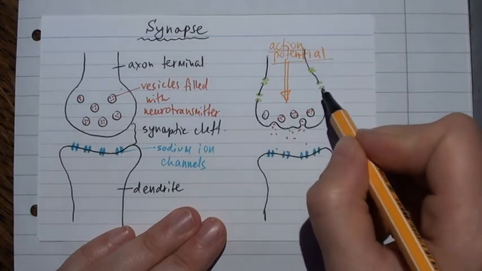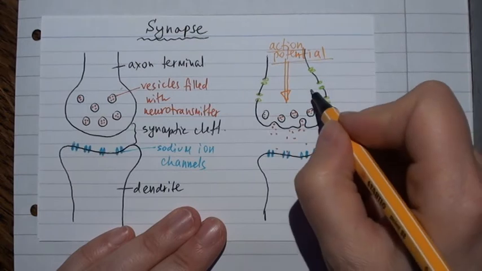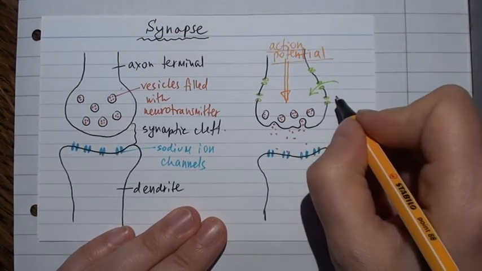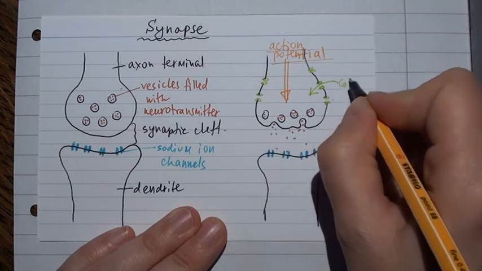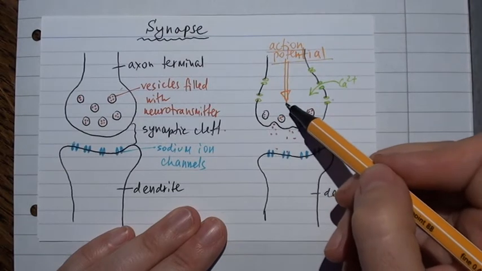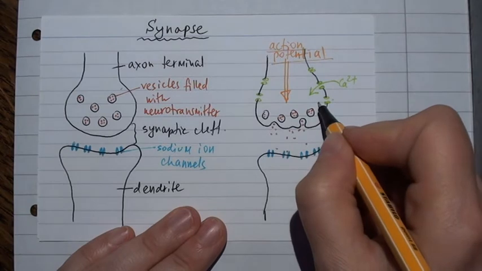In green, I've got special protein channels, and they are specific to the ions of calcium. Ions of calcium can get through these channels, and so when the action potential or nervous impulse arrives at the axon, that triggers those calcium ion channels to open.